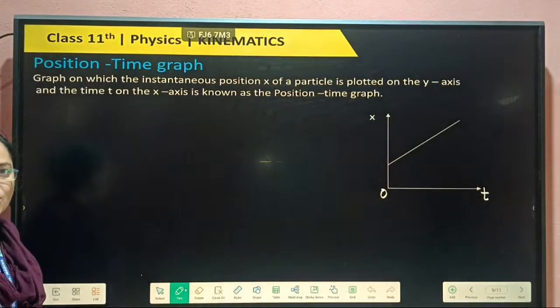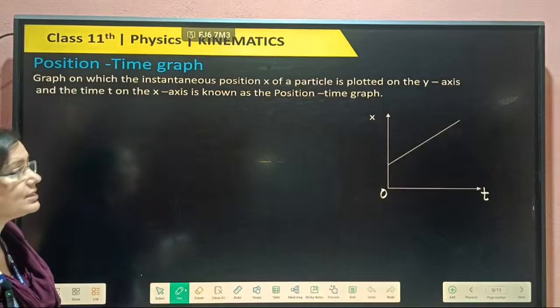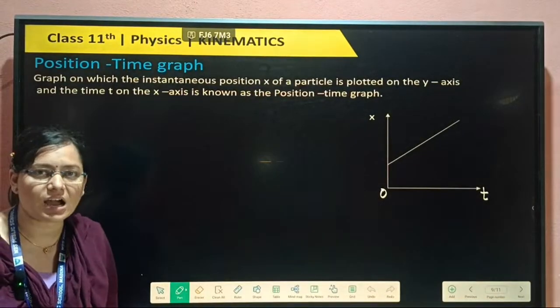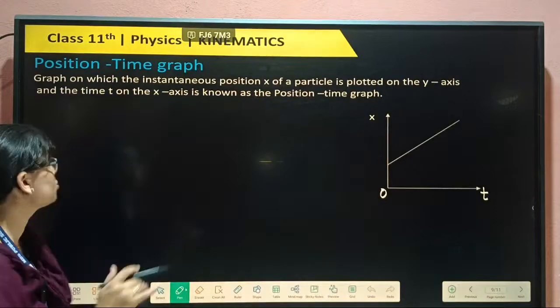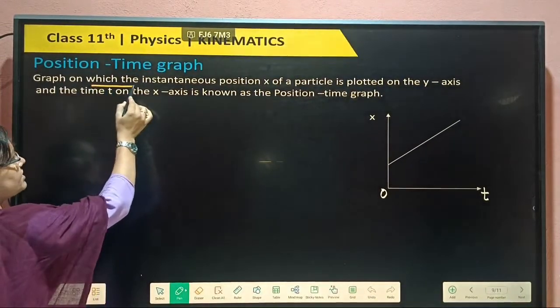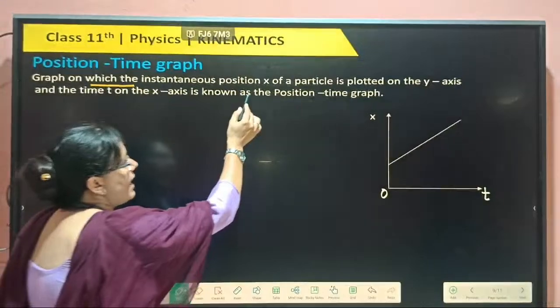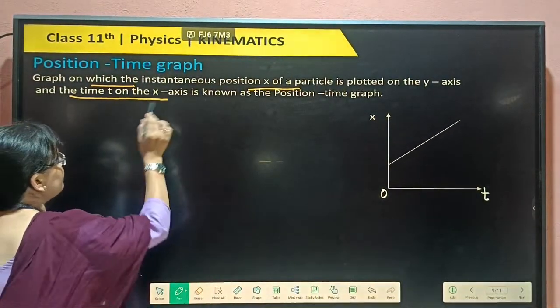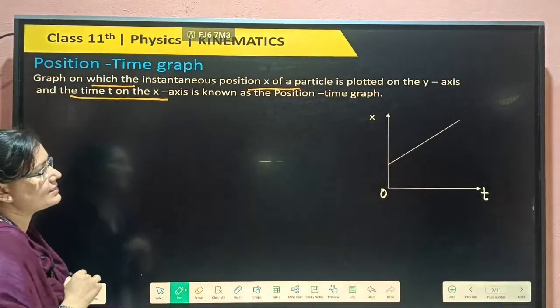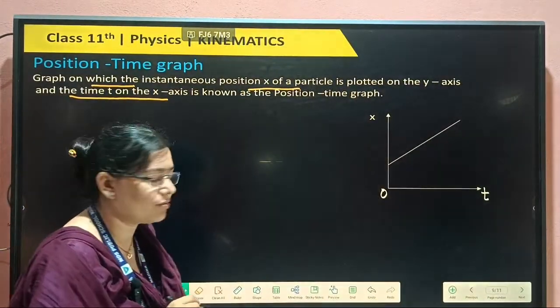Now, how can we present velocity and speed on a graph, and how can we find the position of an object on the graph? The graph on which the instantaneous position x of the particle is plotted on the y-axis and time on the x-axis is known as the position-time graph.